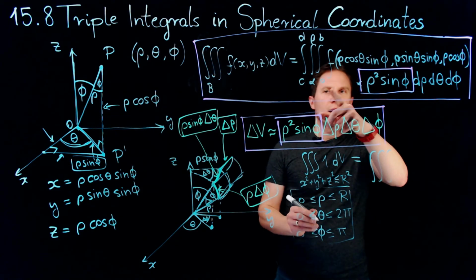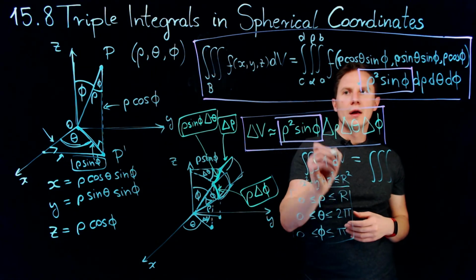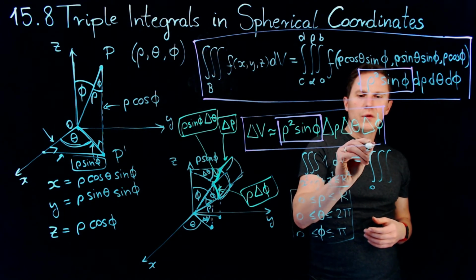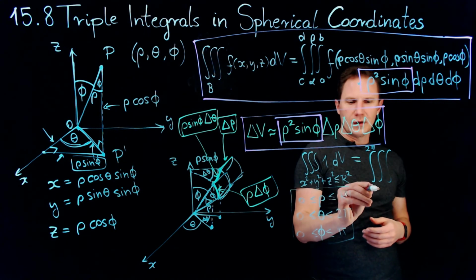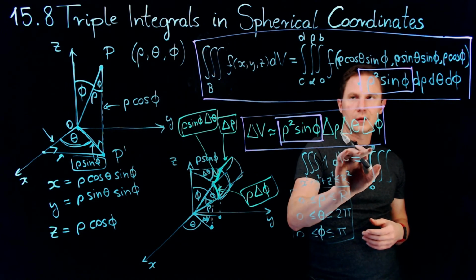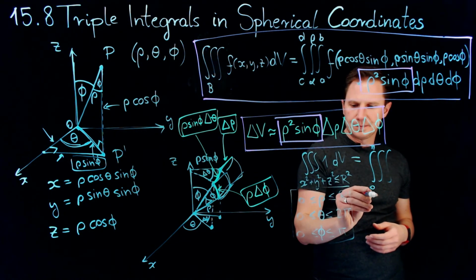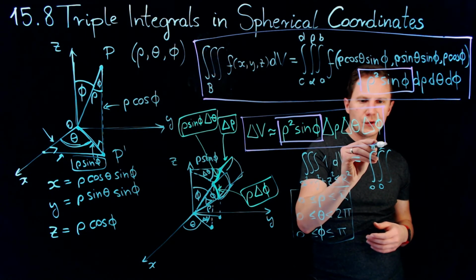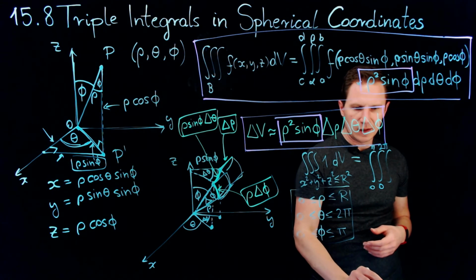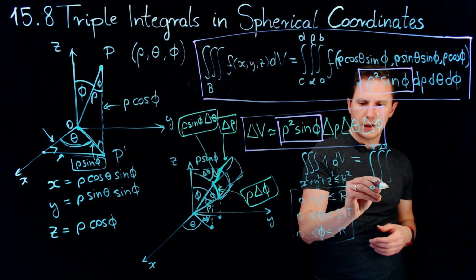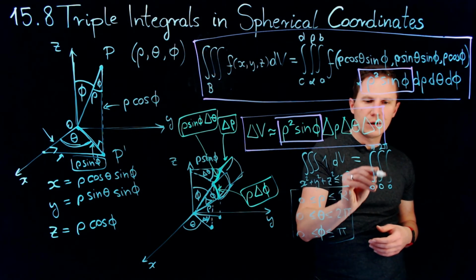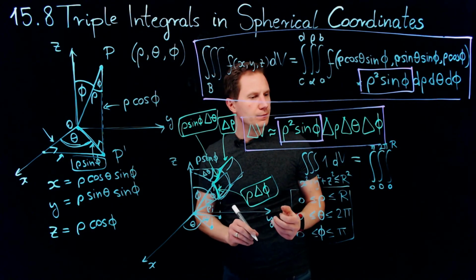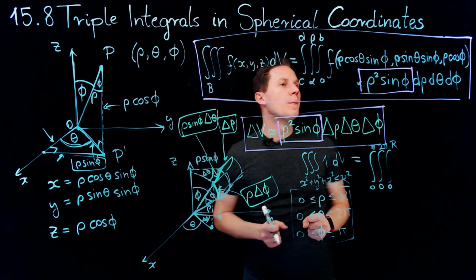So what it means is that if we take this formula, c will be 0, d is pi, alpha is 0, beta is 2 pi, and finally for rho, a is 0 and b is capital R, the radius of our sphere or of our ball.